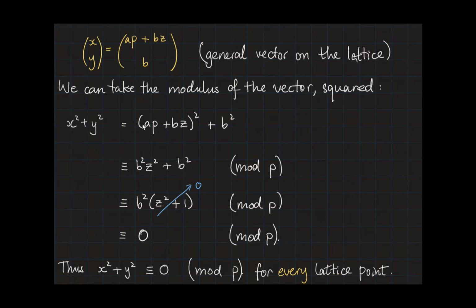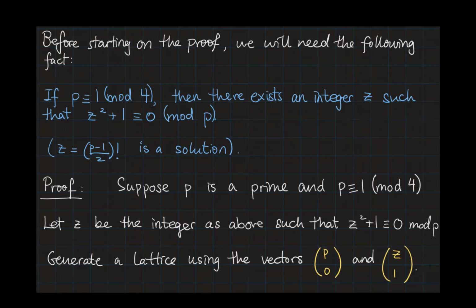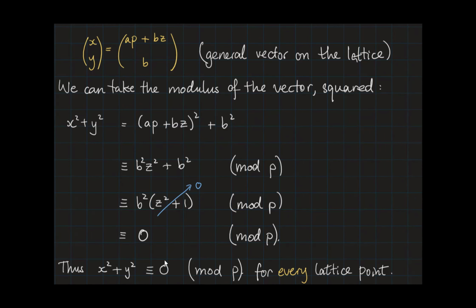And the 2apbz term also goes away because it's divisible by p. And what you're left with is b squared times (z squared plus 1). But the way that we chose z, z squared plus 1 is congruent to 0 mod p. And so the whole expression is equal to 0 mod p.